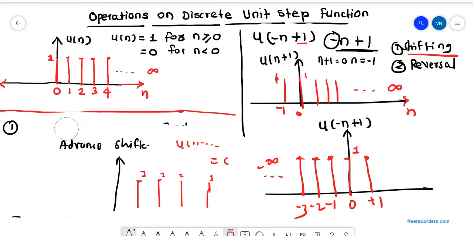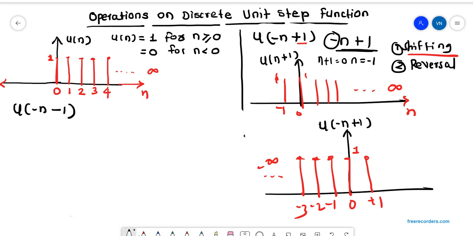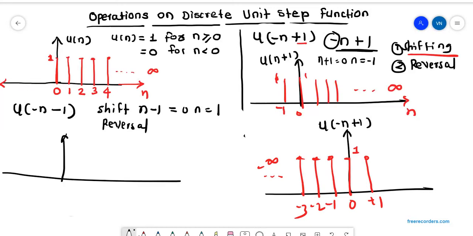Likewise, again you can draw. For example, the next example is, suppose I want to draw u of minus n minus 1. Again the same case: first shift, so first you have to draw u of n minus 1, with n equal to 1, and then do the reversal. How can we draw?